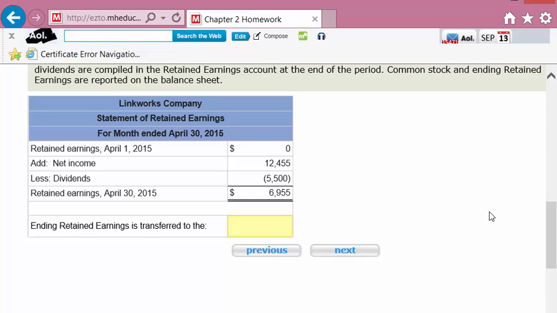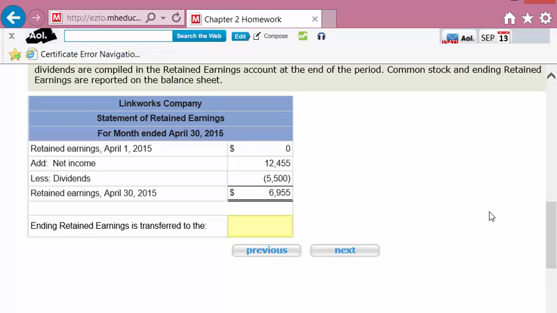And so 6955 plus 5,500 is what? If I'm just adding up here. 12,455. So I must have had at least 12,455 before I subtracted the dividend of 5,500 to end up with the ending balance in retained earnings of 6,955, right?